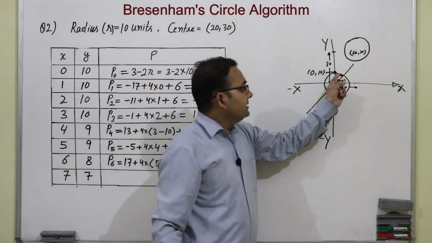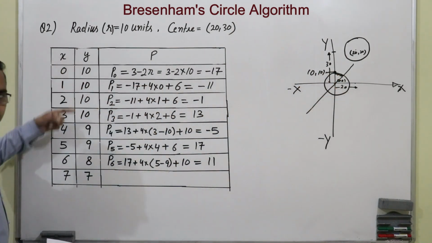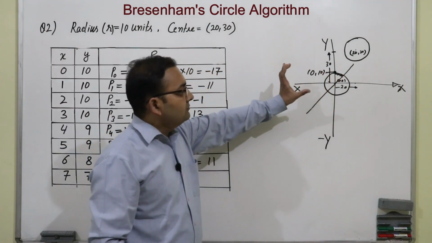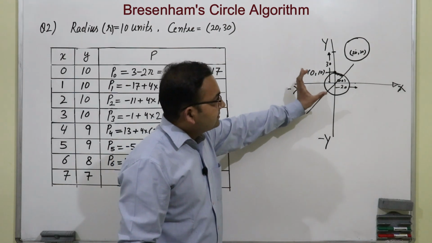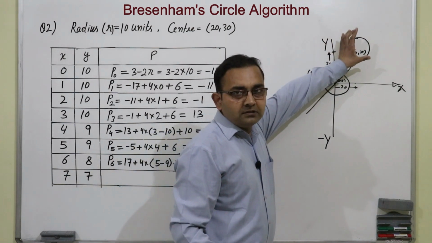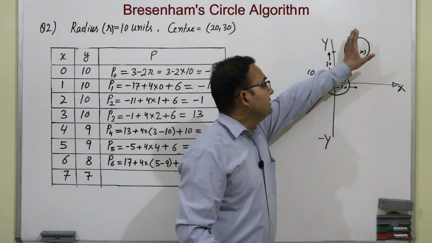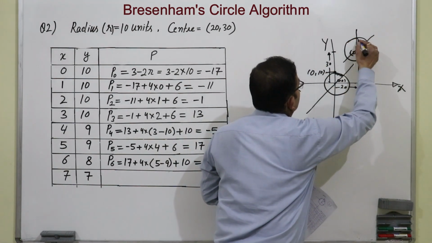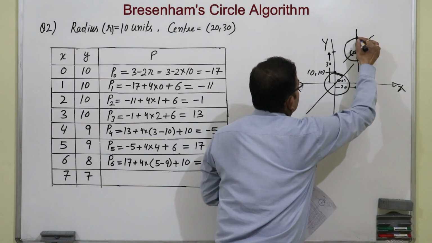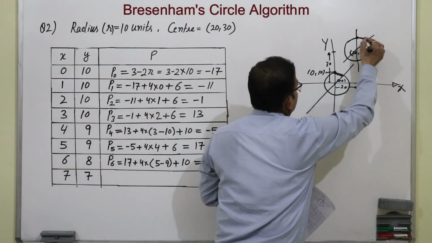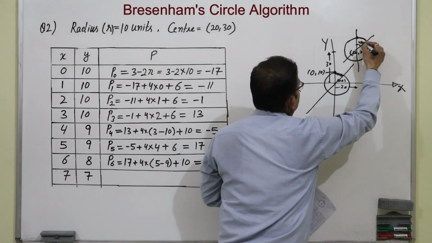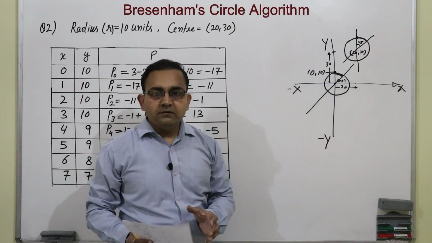After getting these points, these are the coordinates of this section, we will translate this circle back to the original position and we will find out the coordinates of this circle from the topmost position, from the positive y axis to this axis which is at 45 degrees.